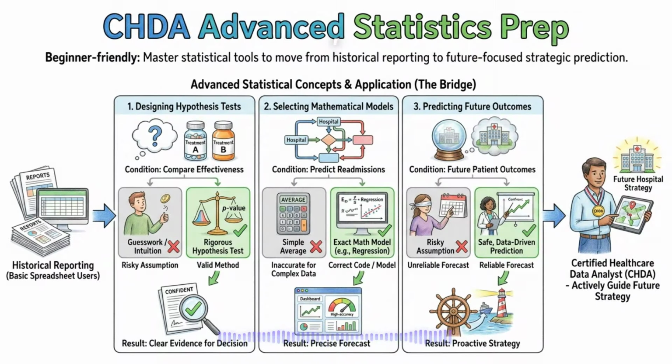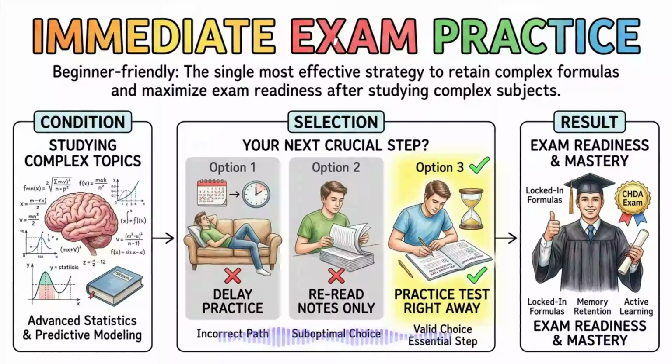This incredibly powerful knowledge is exactly what separates basic spreadsheet users from highly respected, certified healthcare data analysts. You have successfully navigated the most mathematically demanding portion of the entire certification blueprint. Congratulations on completing this highly challenging section on advanced statistics and predictive modeling.